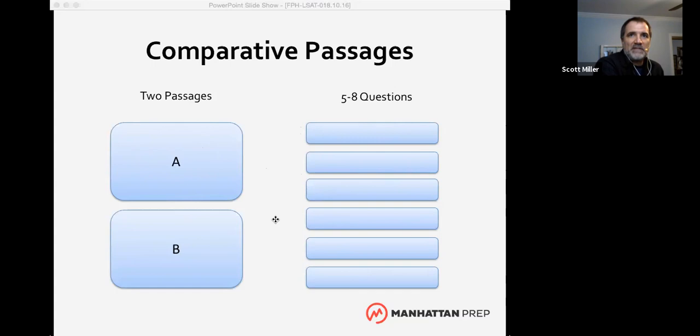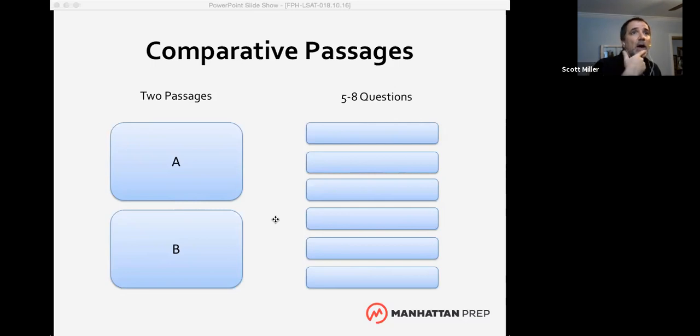Has anybody tried either of these methods? Either reading all the questions first, or specifically for a comparative passage, reading passage A first, answering as many questions as you can, then going back and reading passage B? Have you tried those?